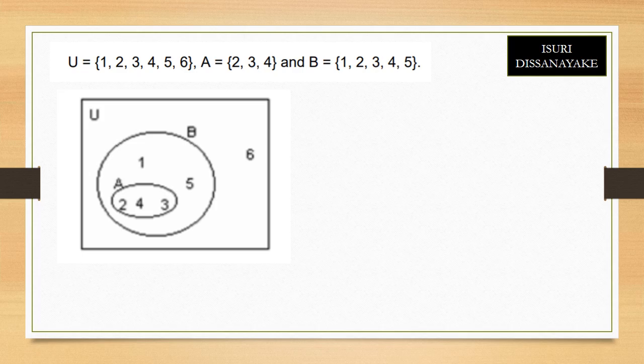Also there is a main set called U, which has 1, 2, 3, 4, 5 and 6 as its elements. What I have done here is I have drawn set A inside set B and set B inside this main set U. So I can say set A is a subset of set B.